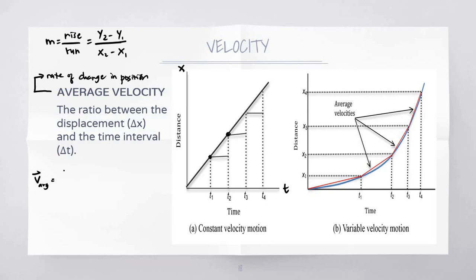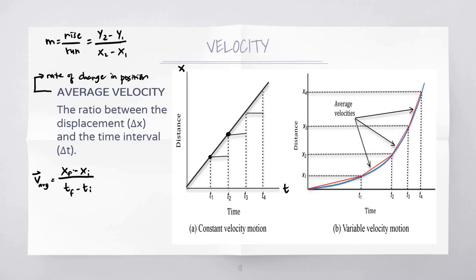Alright, so this one will be x sub f minus x sub i all over, so our run will be the variable in the x dimension, and that's our time variable. So this will become final time minus initial time.